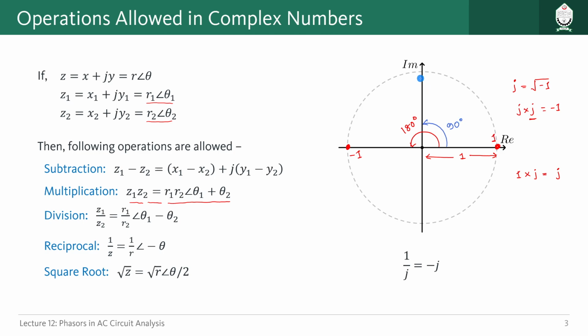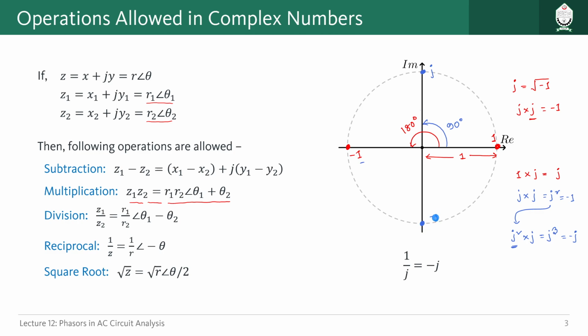And we can draw it here. This is the value of j. And after multiplying this j with again another j, we are going to get j square, which is equal to minus 1, which is this one, right? And again if we multiply this j square with another j, we are going to get j cube, or also we can say minus j, because j square is equal to minus 1, so minus j, and that value will be this one, again 90 degrees in the counterclockwise direction.